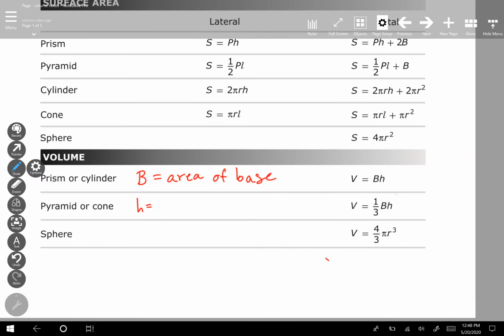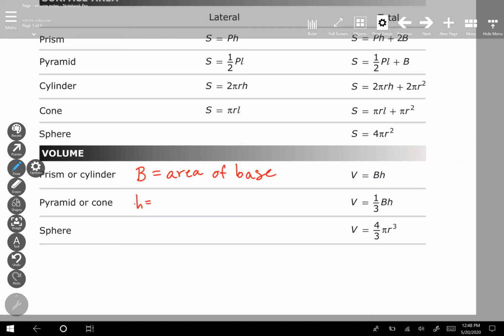Now the next part that we have is the height of the prism. Let me take my triangular prism example here. Again, the bases are these triangles on the ends. If I was trying to find the volume of a triangular prism, I would find the area of this triangle.